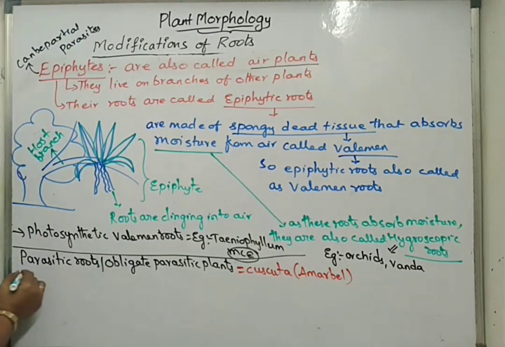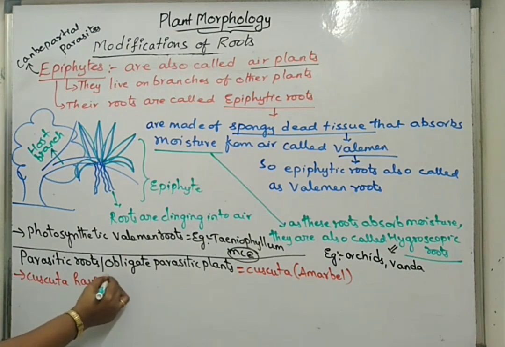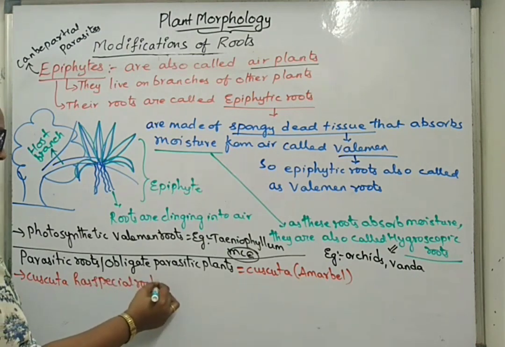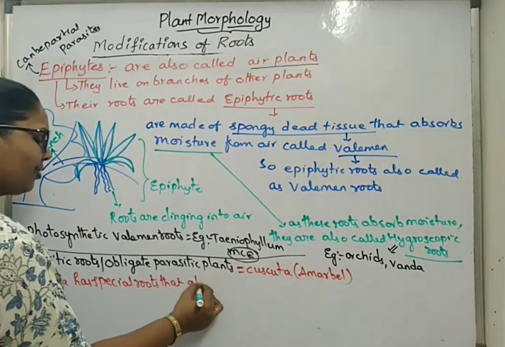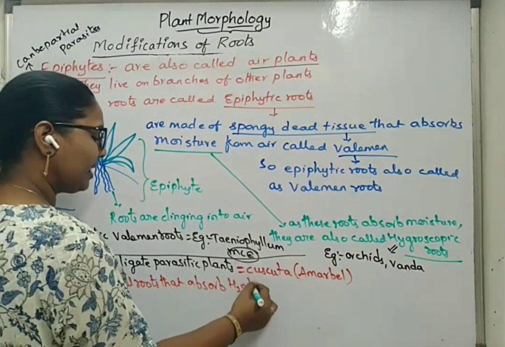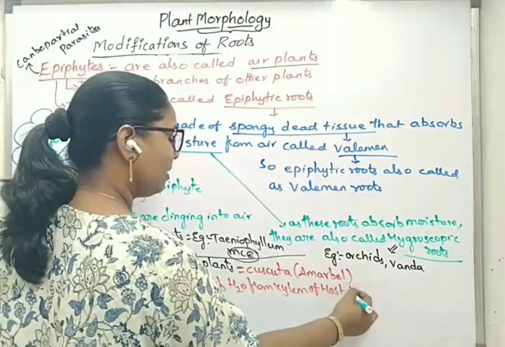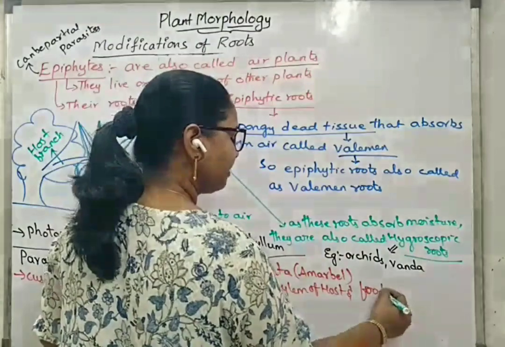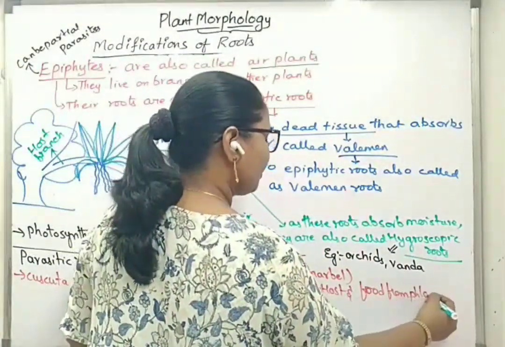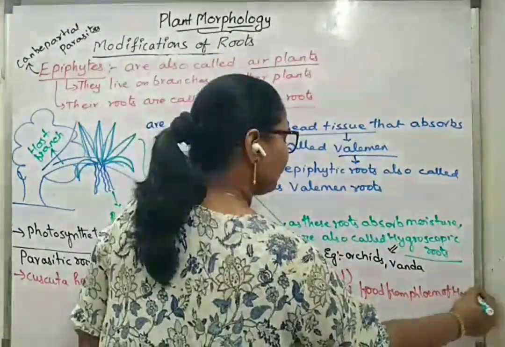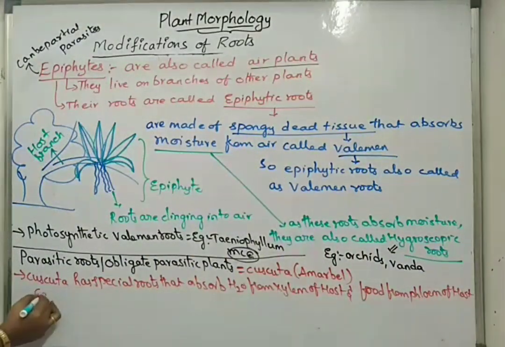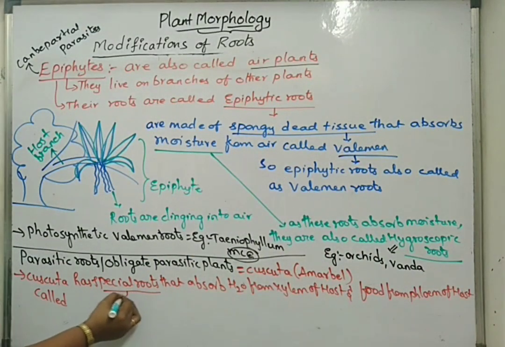So cuscuta has special roots that absorb water from xylem directly from the host and food from phloem of host, called haustoria.